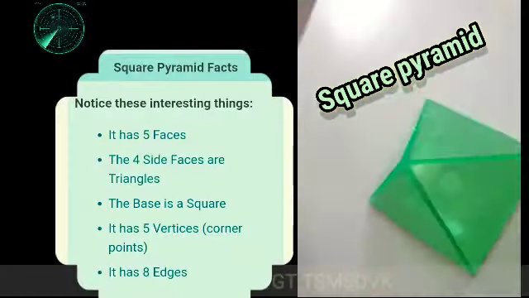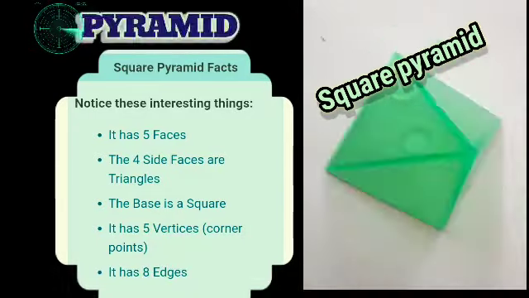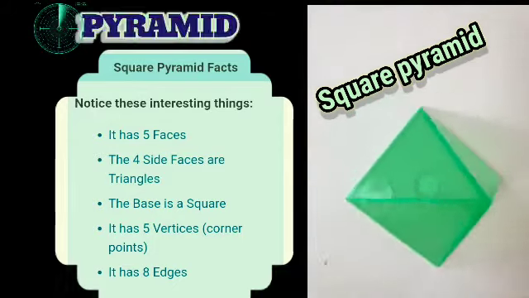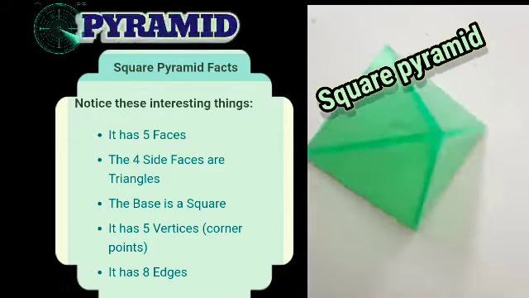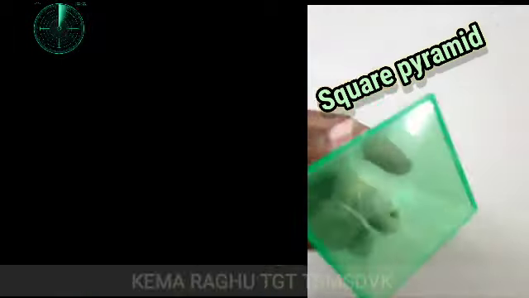A square pyramid has 5 faces, 4 triangular and 1 square, and it has 5 vertices and 8 edges, as you can notice clearly.